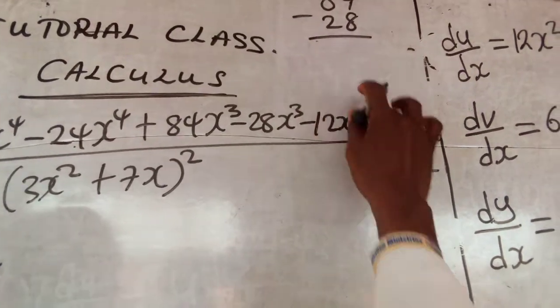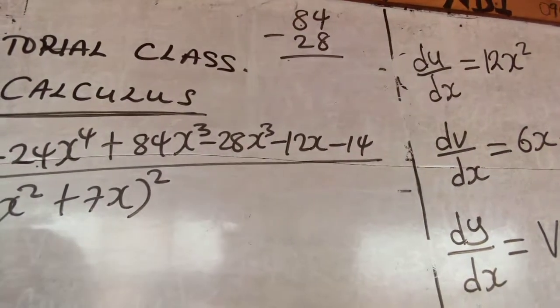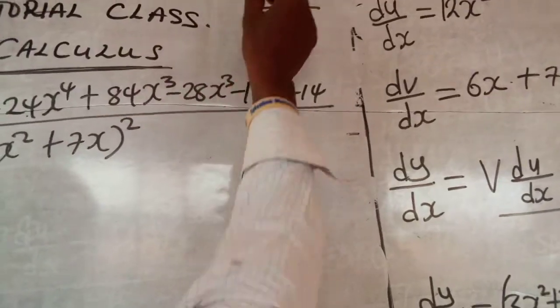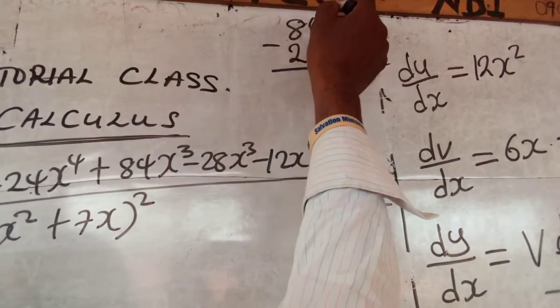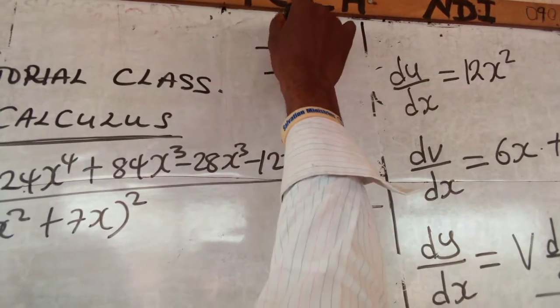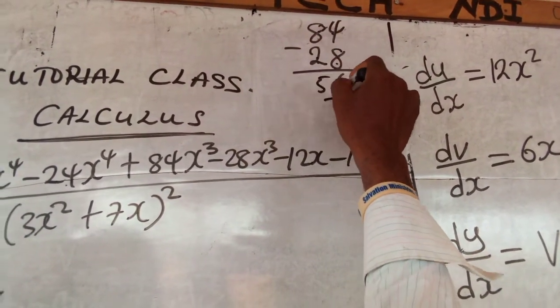4 minus 8 cannot. You carry 1 into 14. 14 minus 8. So you say 84 minus 28 is what? You carry 1 here, it is 14. 14 minus 8 is 6. This one remains 7. 7 minus 2 is 5.